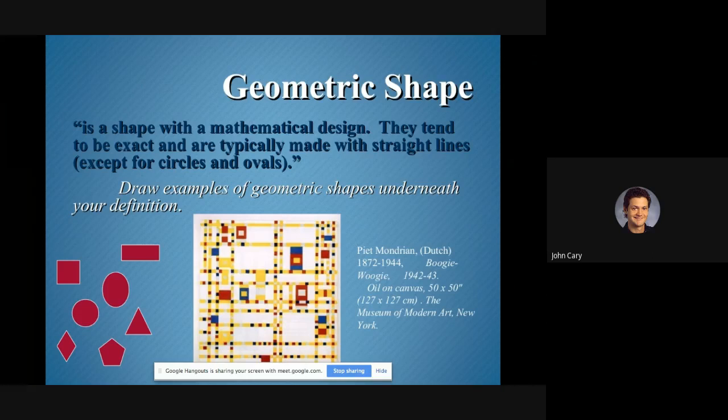Geometric shapes are based on straight lines. Now, in nature, there are no straight lines. If you see anything that's got a perfectly straight edge to it, it's because it was made by people, like a table or a chair that you're sitting on. But in nature, there are no perfectly straight lines. Literally, the word geometric comes from geo, which means earth, and meter, which means measure.